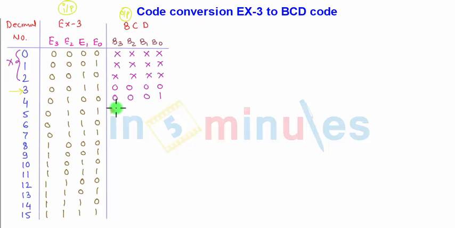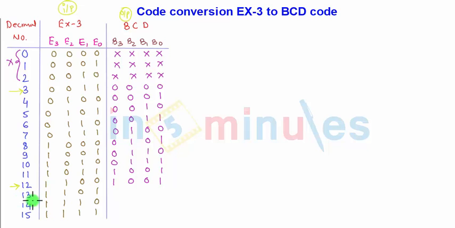So for 5 the BCD code is 2, for 6 it is 3, for 7 it is 4. Likewise I will complete the table. For number 12, the XS3 code is 1100, so the BCD code will be 9. So for 9 I have 1001. So these are the valid BCD codes from 0 to 9.